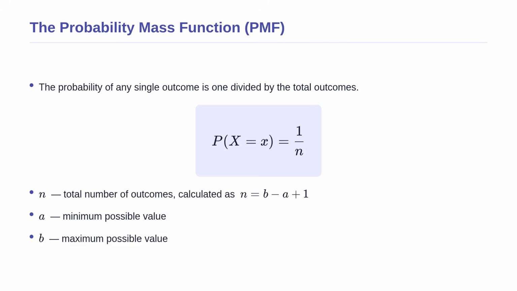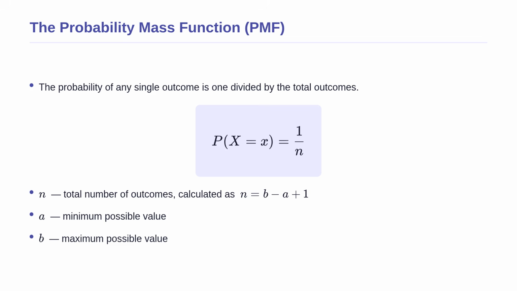Building on that intuition, let us look at the mathematical formula that describes this flat probability, known as the probability mass function. Conceptually, if every outcome is equally likely, the chance of any specific outcome happening is simply 1 divided by the total number of possibilities. In this formula, the capital X represents a random event, and the lowercase x is the specific outcome we are looking at.